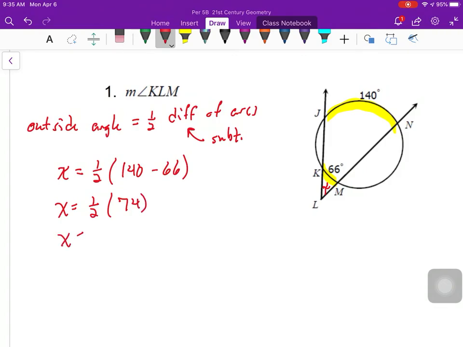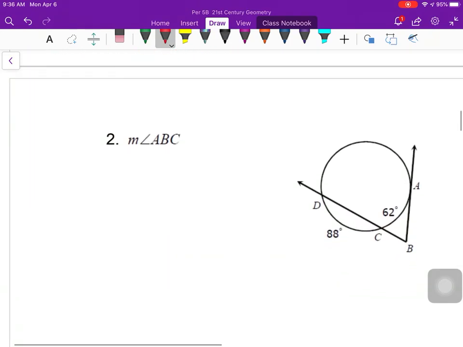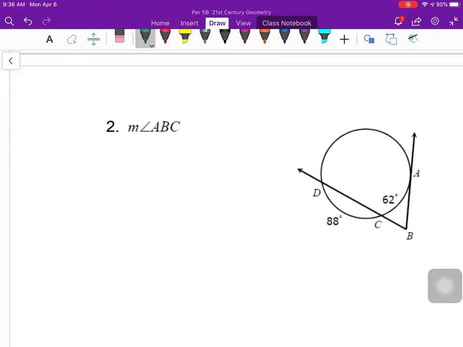So X would be half of, if I take 140 minus 66, I get 74. So my X would be equal to 37, and that would be the measure of angle KLM. So it's kind of like what we did when we had the two chords, except there we added the two arcs together.